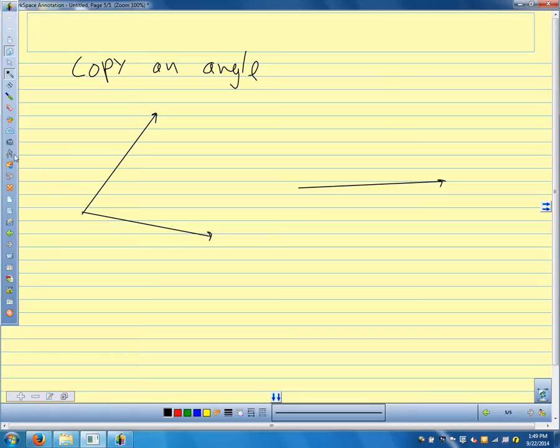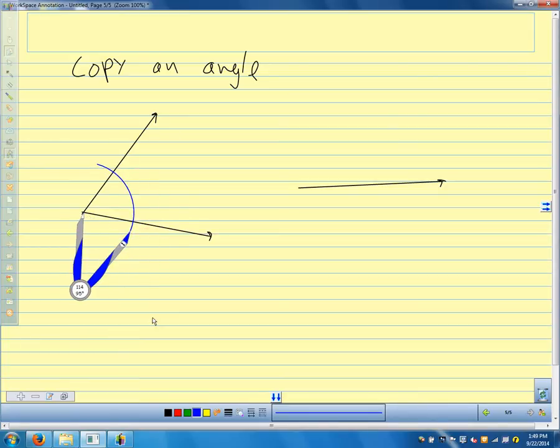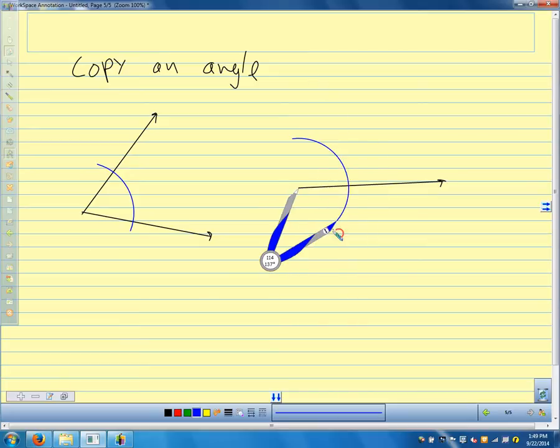I set my compass on the vertex of the angle I want to copy and make any arc through that angle. And then I set my compass on my new vertex and make the same arc there. So the two angle constructions start out the same way.